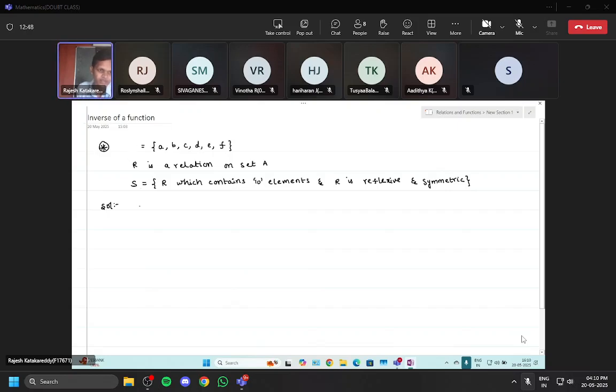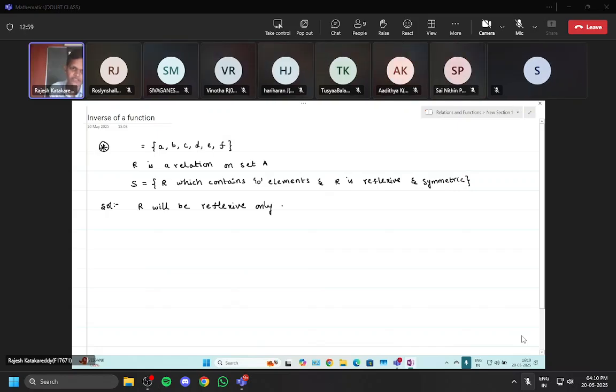R will be reflexive only if R contains all these ordered pairs: (a, a), (b, b), (c, c), (d, d), (e, e), and (f, f).